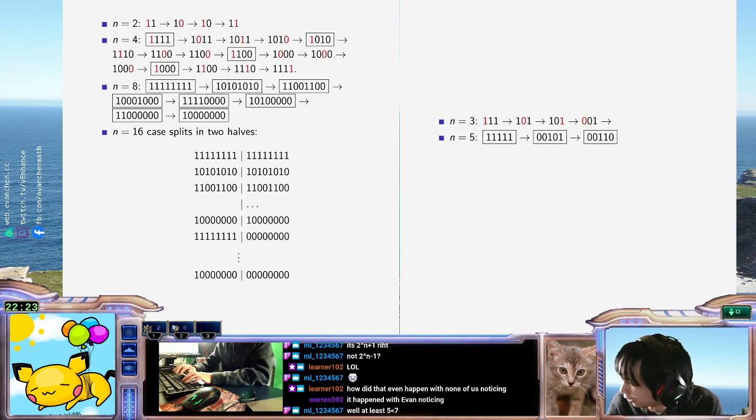See, now the first bit's always 0 and everything's magical. Except, what the heck? Why did it end here?